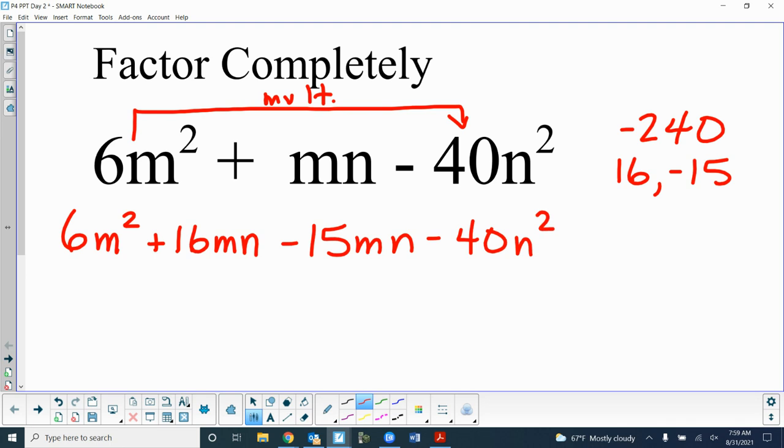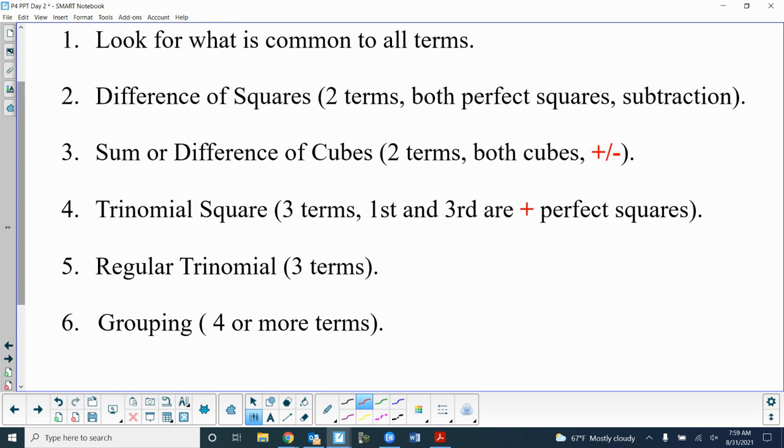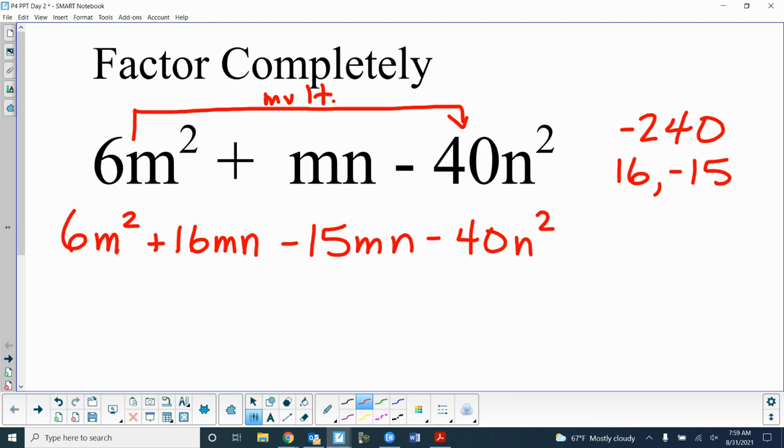So we turned it into number 6, which was what? A grouping problem, right? So that's what we do when we have a 2 or bigger there for A. We multiply the A times the C, get a number, and look for factors of that number that will add up to that middle one.